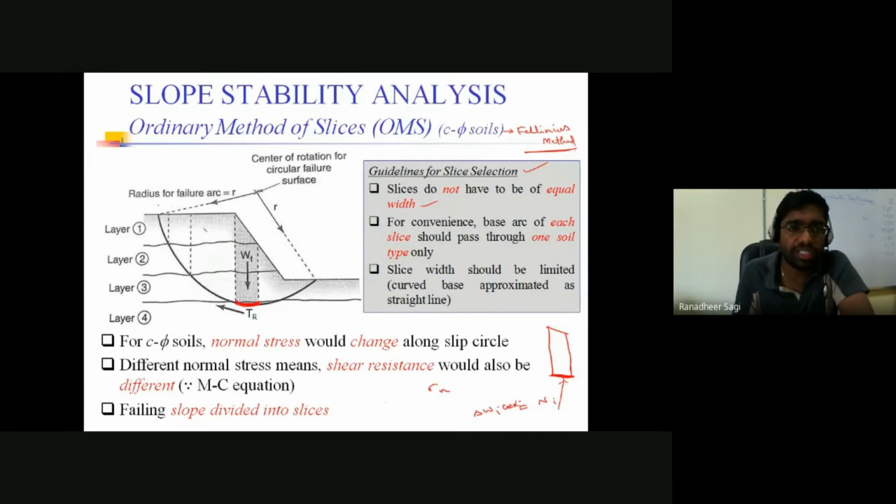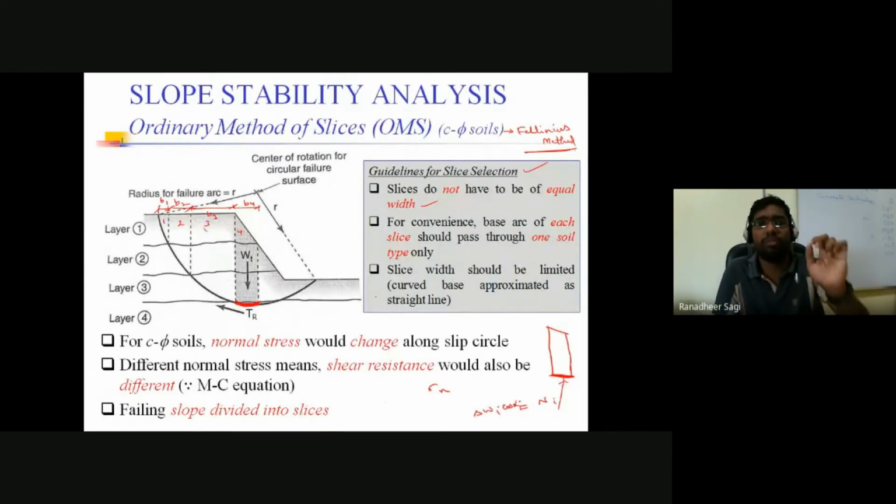What does the width of the slice mean? Let's say this is element 1, element 2, element 3, element 4, and likewise. So this I'll call the width of element 1. This distance I'll call the width of element 2. This distance I'll call the width of element 3. This distance I should call the width of element 4, and so on.